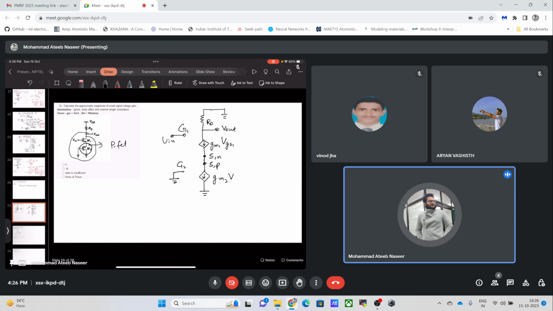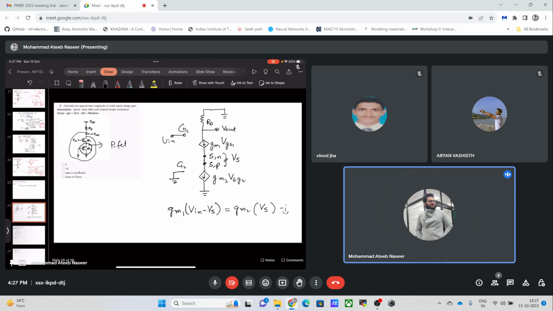So VGS1, if I simply denote Vsn or Vsp by Vs, the current is gm1 into (Vin minus Vs) equal to gm2 times VSG2, and VSG2 is simply Vs. This is our equation 1.